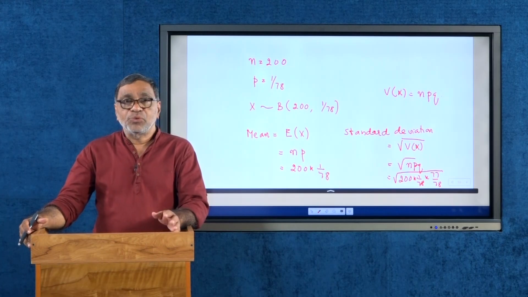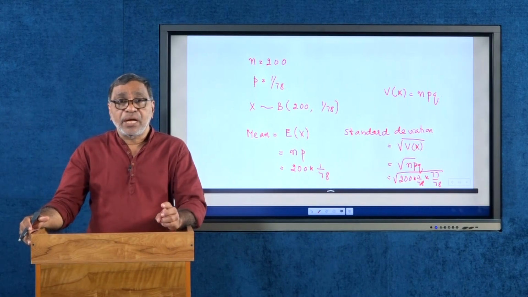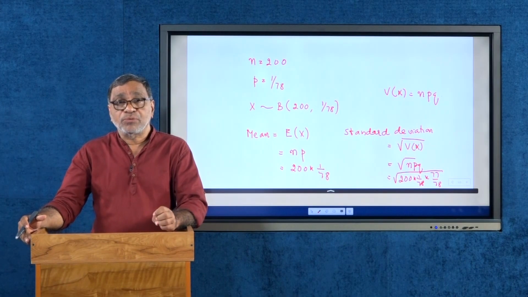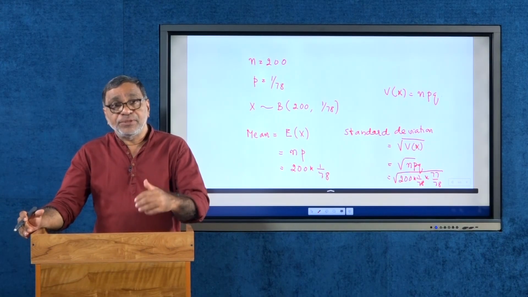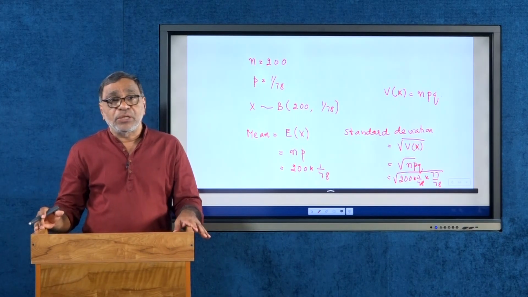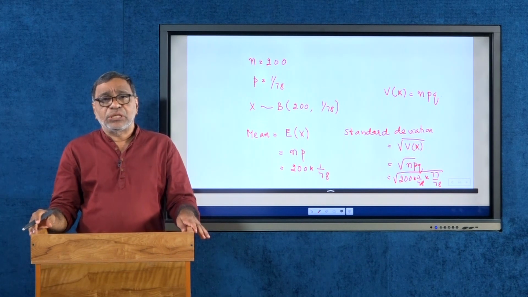If we are applying the binomial distribution, then that random variable x follows binomial with 200 and p as 1 out of 78. Then it is very simple to calculate the mean and the variance, or whatever parameters we require.